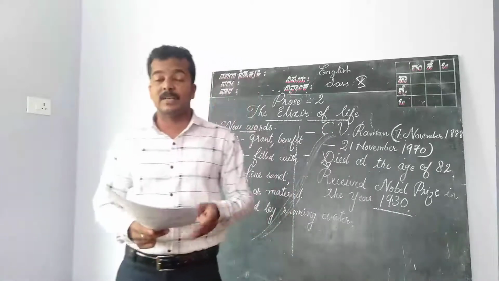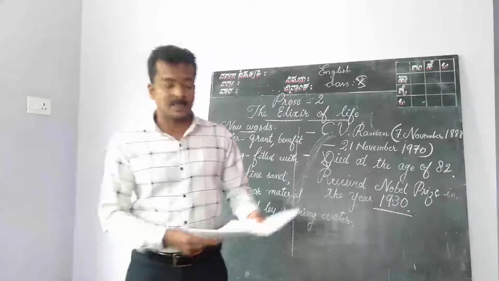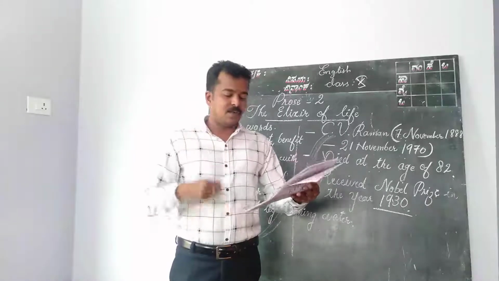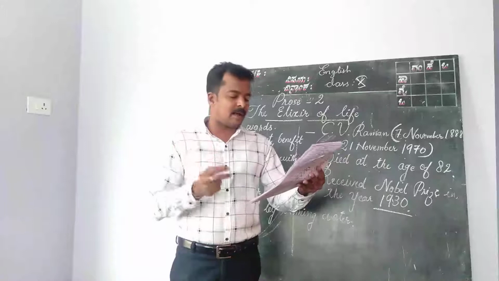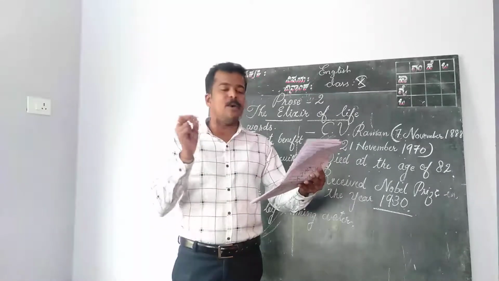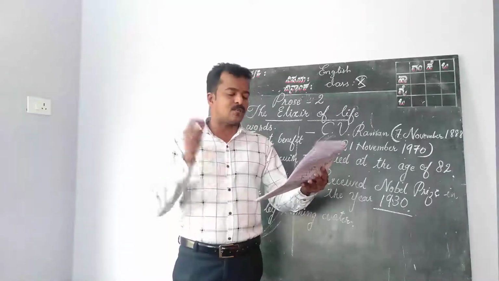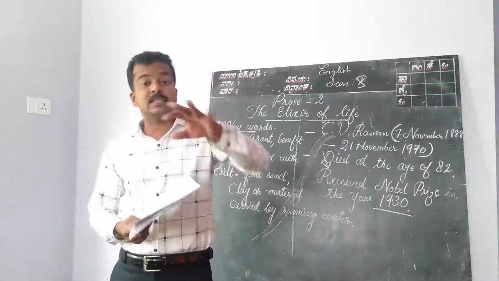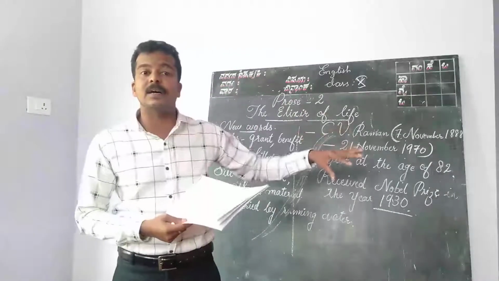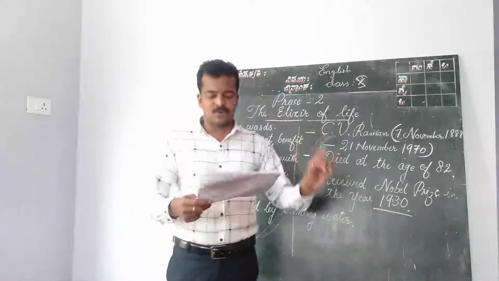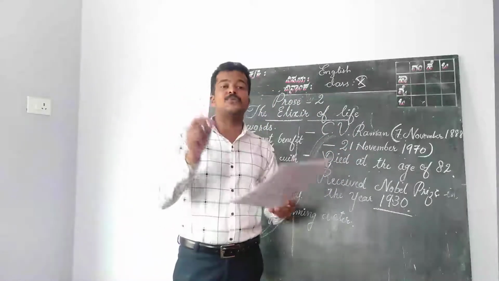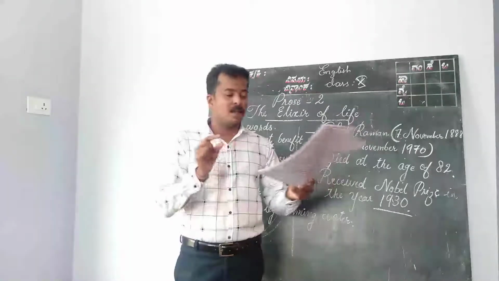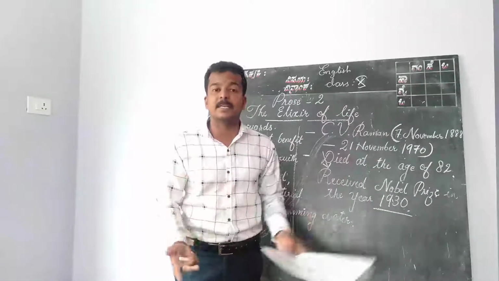According to C.V. Raman, this common substance, in the sense water, we take for granted in our everyday life is the most potent and the most wonderful thing on the face of our earth. Whatever the things available here on the earth, the most powerful, at the same time the wonderful and potent thing is water. The common substance, he says.